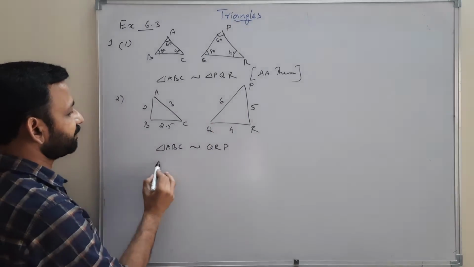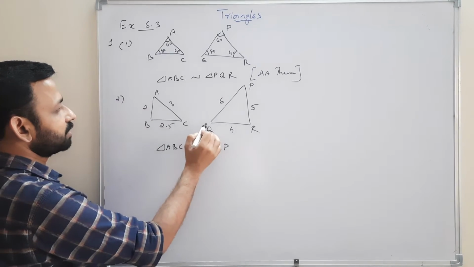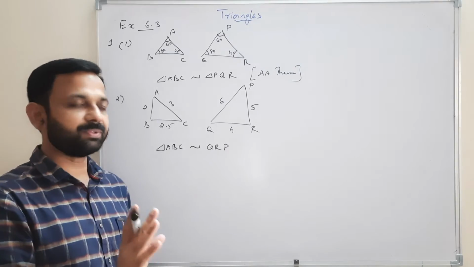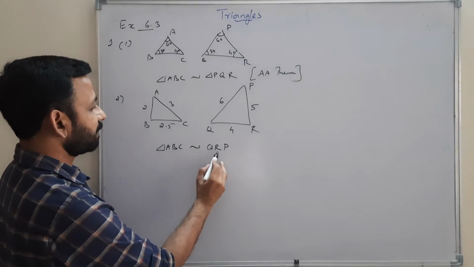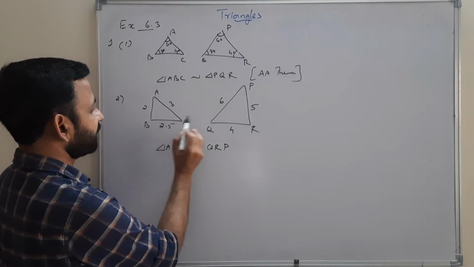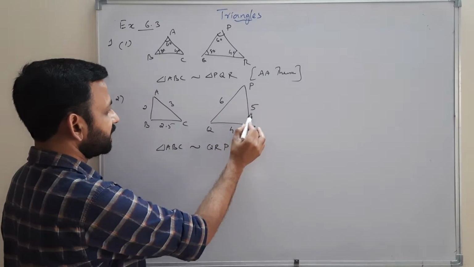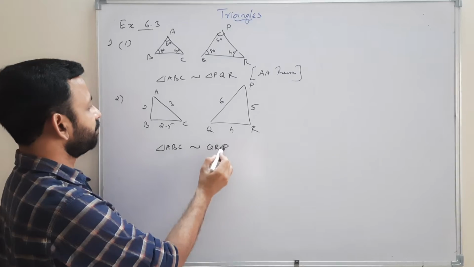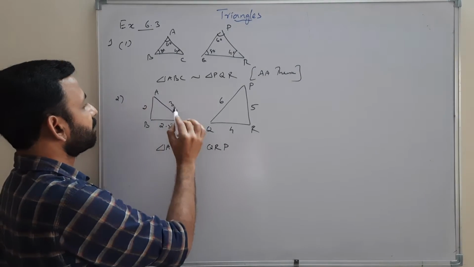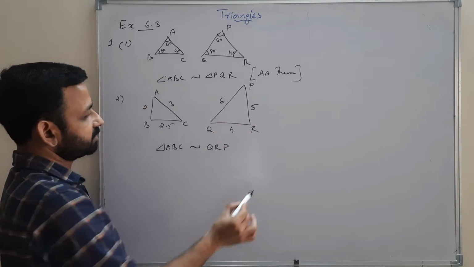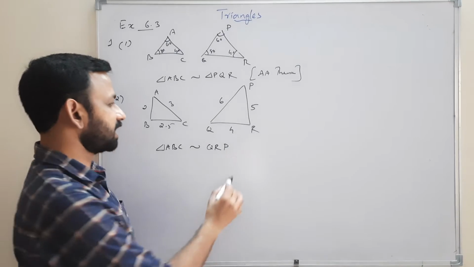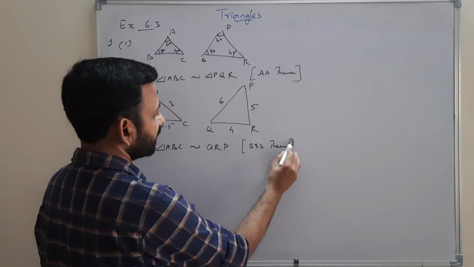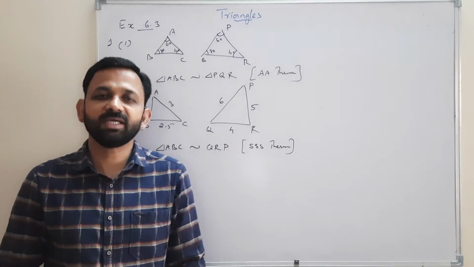So we can easily verify AB upon QR is equal to 2 by 4, 1 by 2. BC upon RP, 2.5 upon 5, that is also 1 by 2. Then AC upon QP, that is 3 upon 6, that is also 1 by 2. So these two triangles are similar, and here we use the SSS theorem. Corresponding sides are in same ratio.